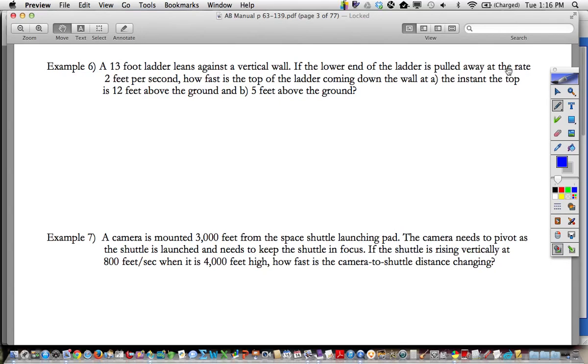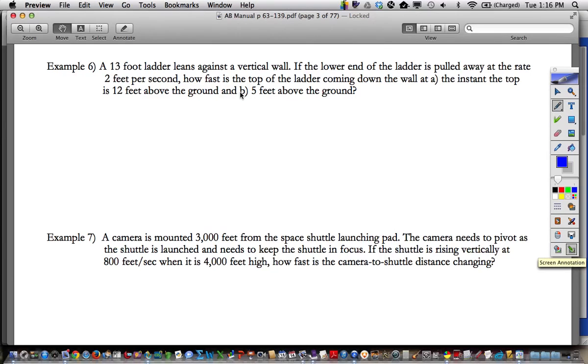If the lower end of the ladder is pulled away at the rate of 2 feet per second, how fast is the top of the ladder coming down the wall at the instant the top is 12 feet above the ground? Let's just do that. Let's not do part B. You guys do that. Draw it up on your paper. See if you can get it set up. I kind of have it partially set up for you over there on the board anyway.